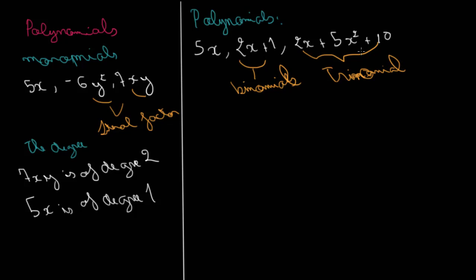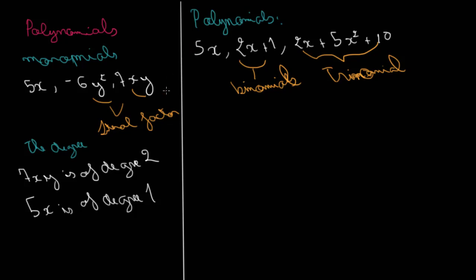So, the degree of a polynomial is the degree of the term with the highest degree. For example, for 5x, I just have one term, so it's just the term we take.